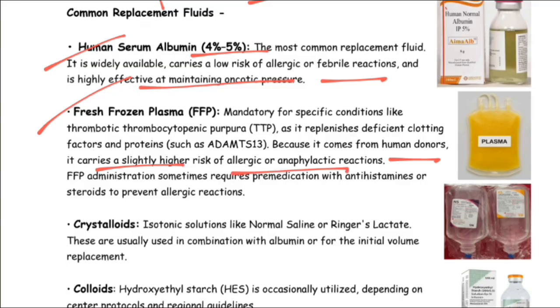So if we use fresh frozen plasma, allergic and anaphylactic reactions can happen. But in thrombotic thrombocytopenic purpura, plasma is separated where antibodies and proteins also pass through the membrane. So we have to use fresh frozen plasma to maintain the proteins, because it comes from a human donor.